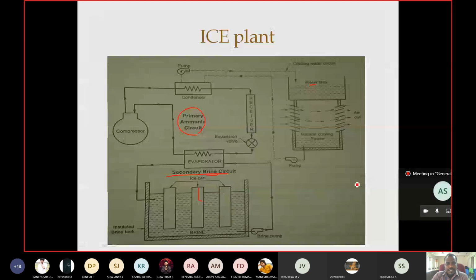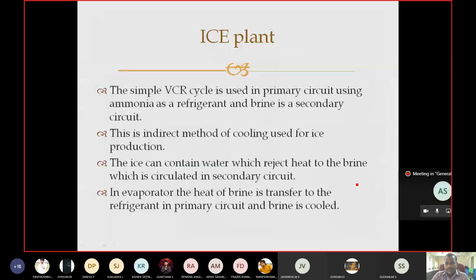So the simple VCR cycle is used in the primary circuit using ammonia as a refrigerant, and the brine is a secondary circuit. This is a direct method of cooling used for ice production. The ice can contains water which rejects heat to the brine, which is circulated in the secondary circuit. So the rejected heat of the water goes to the brine and forms the ice.